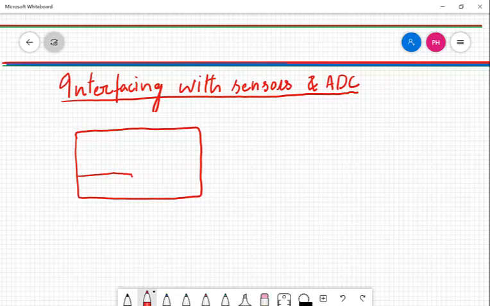For example, maybe there's a motor which runs continuously and thus generates heat. It heats up. So we have to observe the temperature. We have to continuously monitor the temperature of this motor.